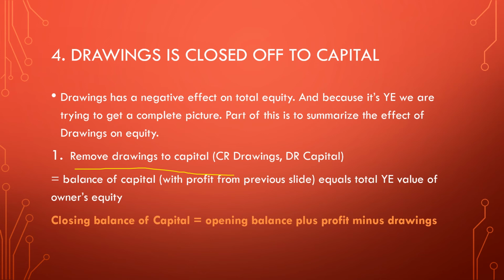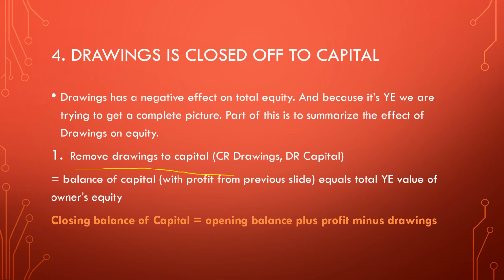It has a negative effect on equity, but because it's year end, we're trying to get a complete picture, a more compressed figure. It's logical at this point to merge drawings with capital to get a final number for my equity. Yes, drawings does have a negative effect on capital, but you need to get a one number summary. So you need to close drawings off to capital.